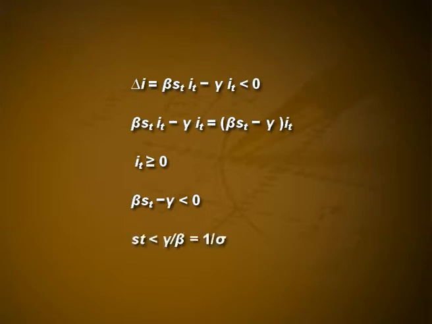But beta into St It minus gamma It, which is equal to beta St minus gamma into It, and since It is greater than or equal to 0, this means we want beta St minus gamma less than 0 or St less than gamma by beta, which is equal to 1 by sigma.